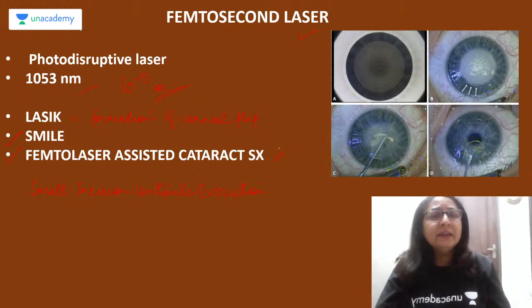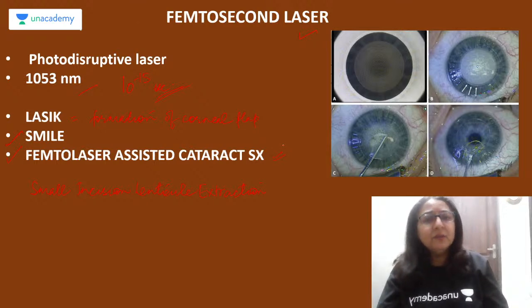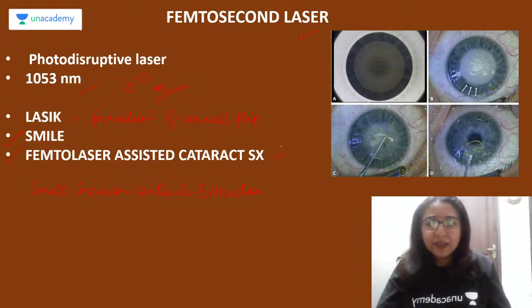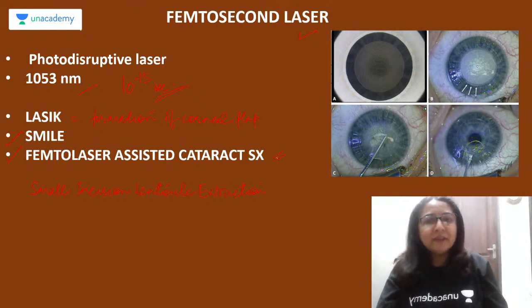We create the CCC, continuous curvilinear capsulorhexis, with the laser, and we are also able to chop the lens or break the nucleus into smaller fragments. This is femtosecond laser-assisted cataract surgery, also known in short as FLACS.